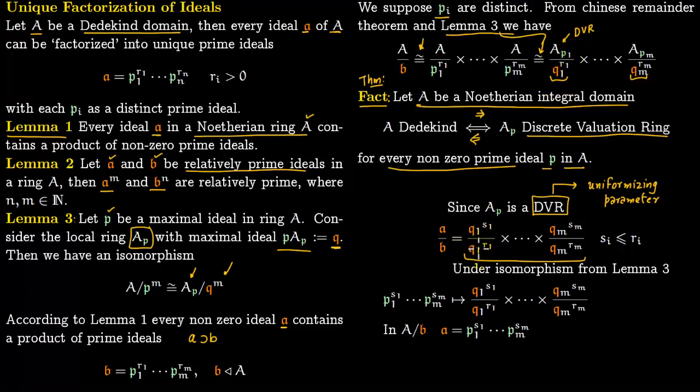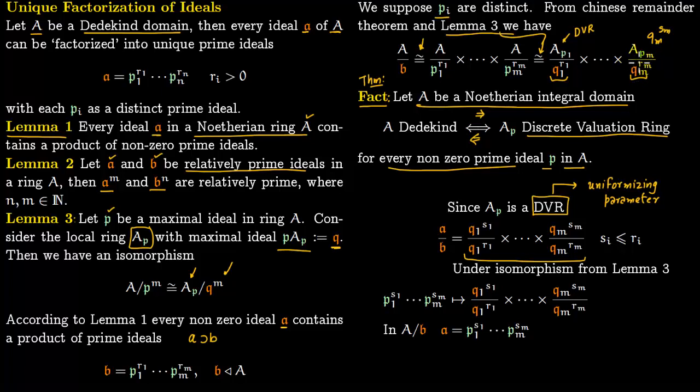So you will have this q1 r1, and then you will have q1 s1 in the numerator, because we are working in a DVR. So the denominator and the numerator will look similar because both of them are generated by a uniformizing parameter. So you have this q1 s1 in the numerator, and you keep on going like this. You have some qm sm in the numerator, precisely because we are in a DVR.